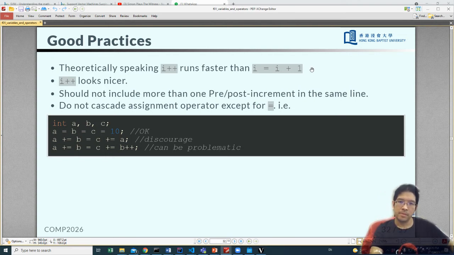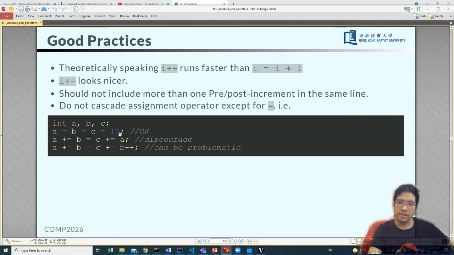And there is a reminder that you shouldn't use more than one post- or pre-increment in the same line, to avoid creating ambiguity. And also, we should not cascade our assignment operators except for the equal sign. So take a look at this example. A equals b equals c equals 10.